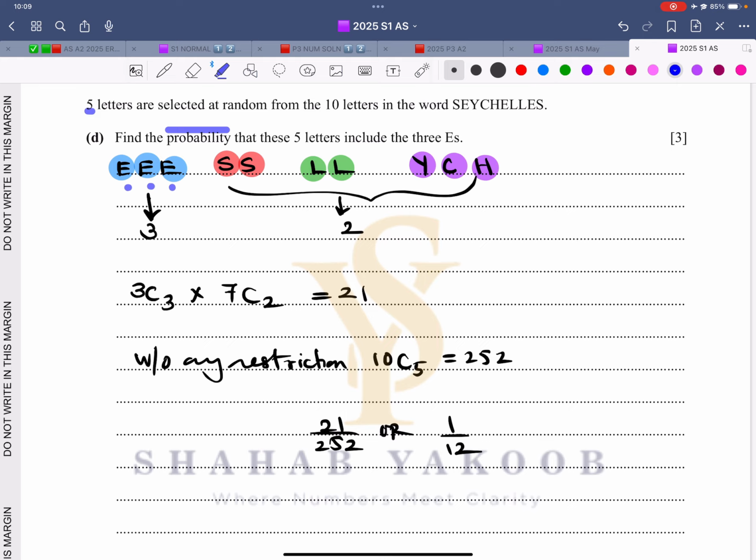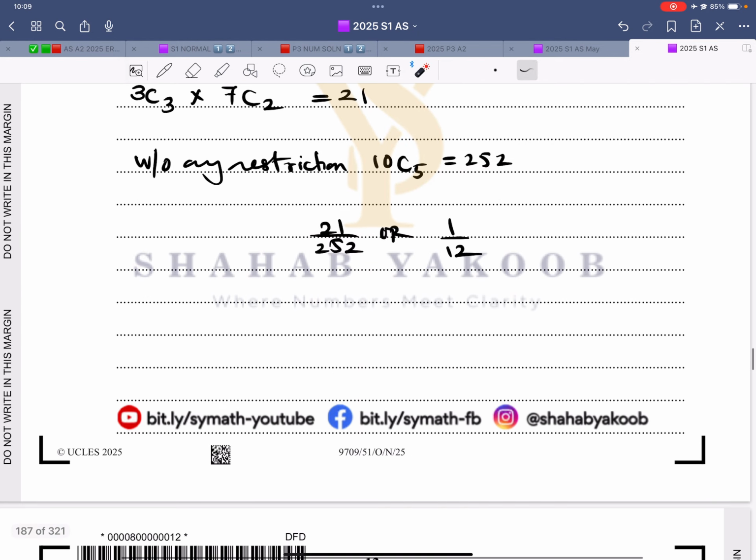In probability, it doesn't make a difference whether they are identical or not. There are 7 of them, you have to choose 2, so 7C2, this answer is 21. Without any restriction, that is 10C5, that is 252. When we divide, we get this answer in the exact form, that is 1/12.